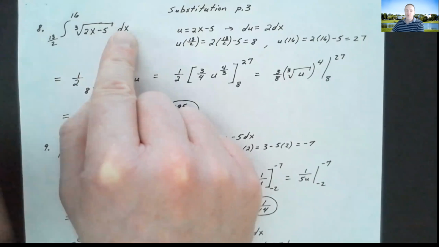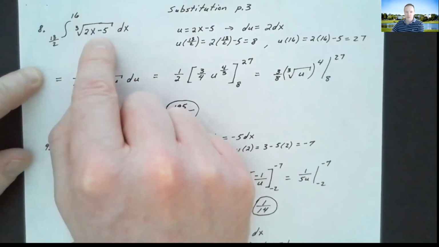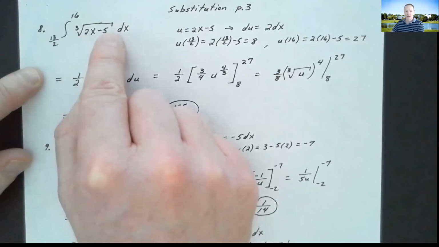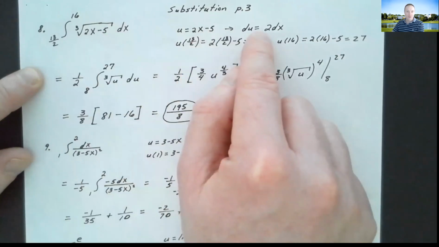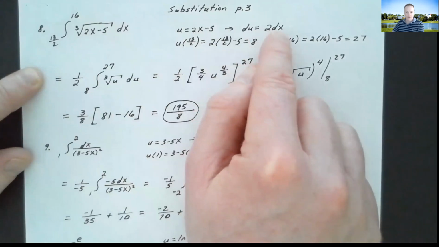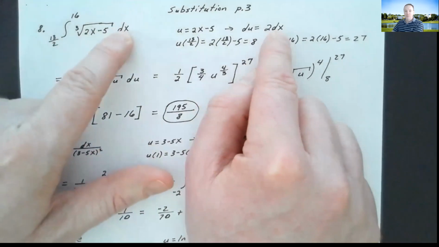So first thing, before I even worry about the limits of integration, I just think, can I do the substitution? Sure. The u would be what's inside the group to the power, the 2x minus 5. My du, derivative of 2x minus 5, is going to be 2 with respect to x. I don't see a 2 dx in the problem, but that's okay.